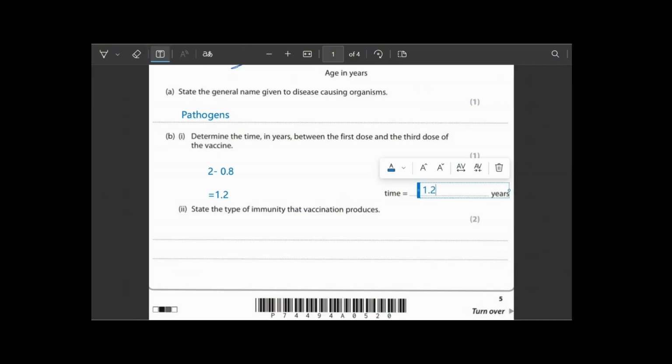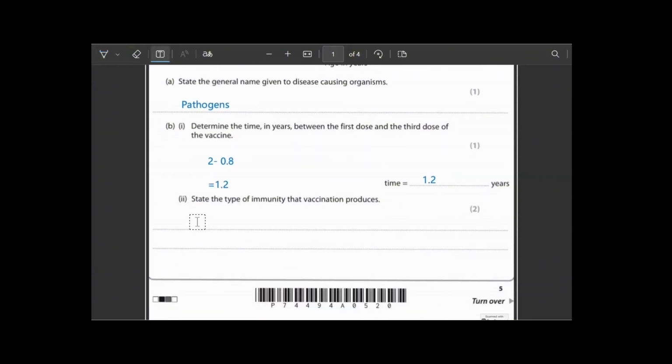All right. So let's move to the next question. It says, state the type of immunity that vaccination produces. I have mentioned earlier that vaccination is always an active, artificial immunity. All right.